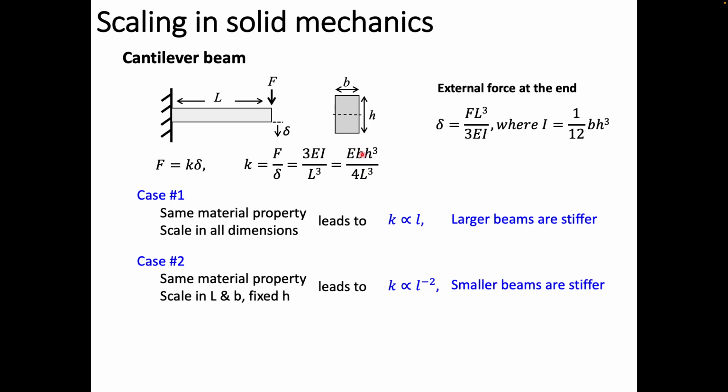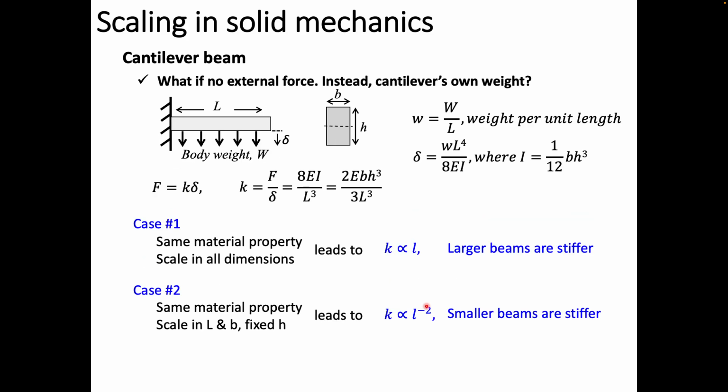B is a length, and here we have L cube. If we cancel, K is proportional to the inverse of L to the power of 2. So if you scale up, K goes smaller, and if you scale down, K goes higher. That is what we obtain from this scaling law.